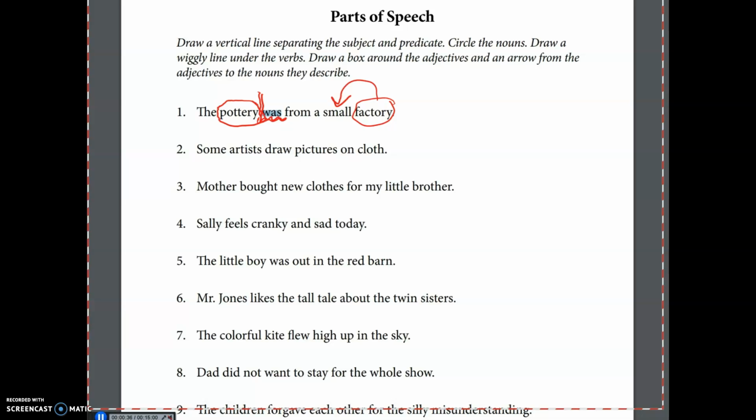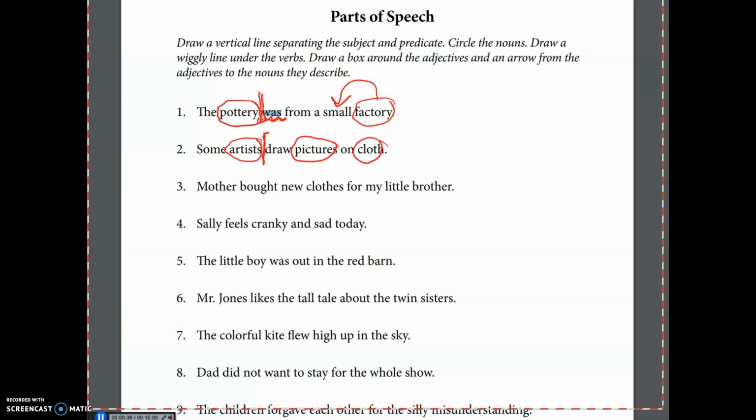Some artists draw pictures on cloth. Well, who is the sentence about? This sentence is about some artists, and what do they do? They draw pictures on cloth. So we're going to separate the subject and predicate by drawing a line. Then we're going to circle our nouns. Our nouns are artists, pictures is a thing, and cloth is a thing.